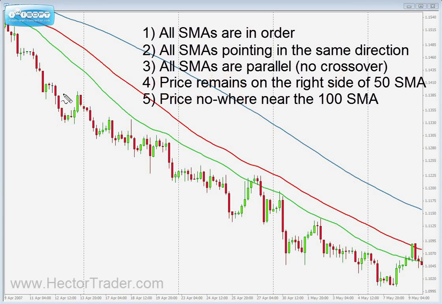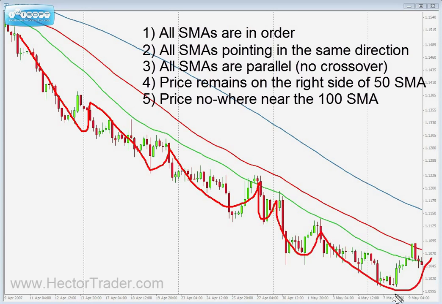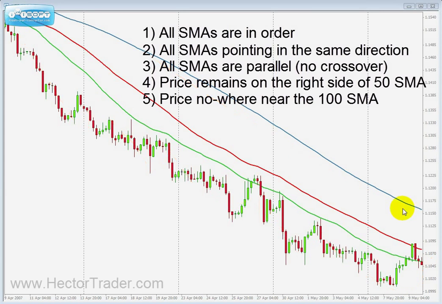Well, in this trend, as I was just showing you, we go through swing, pullback, swing, pullback, swing, pullbacks, and so on. In most trends, for price to touch the 100, usually what we see is quite a large pullback.